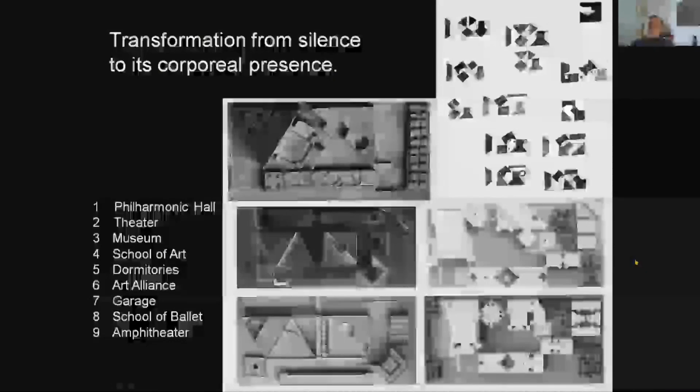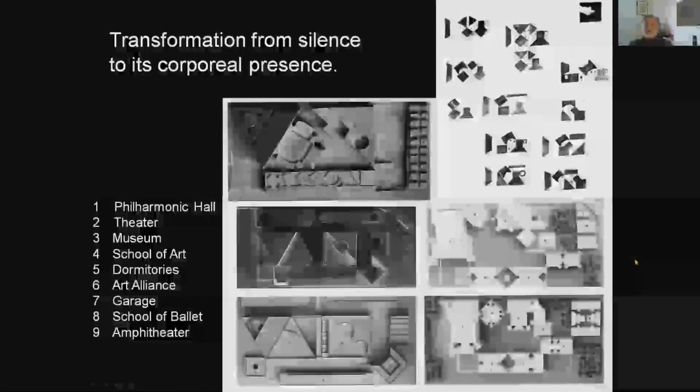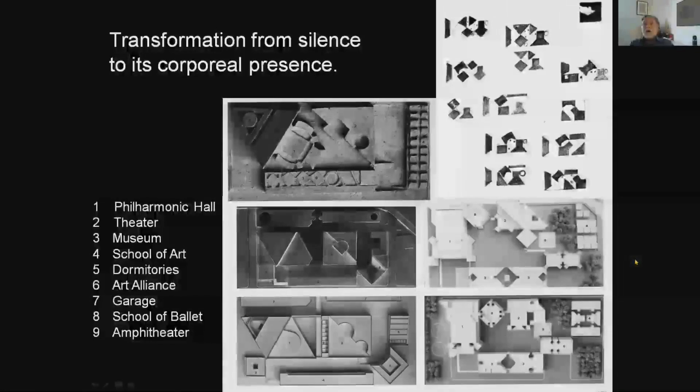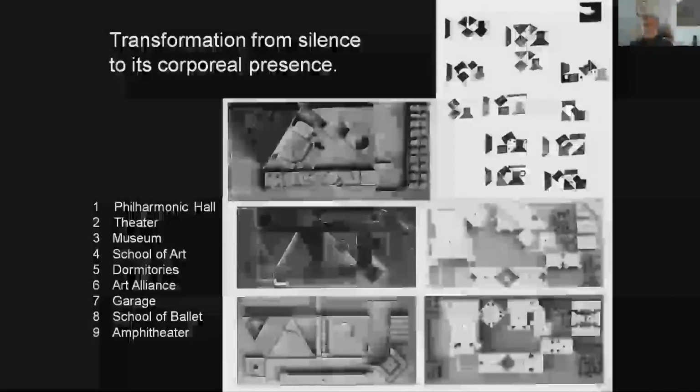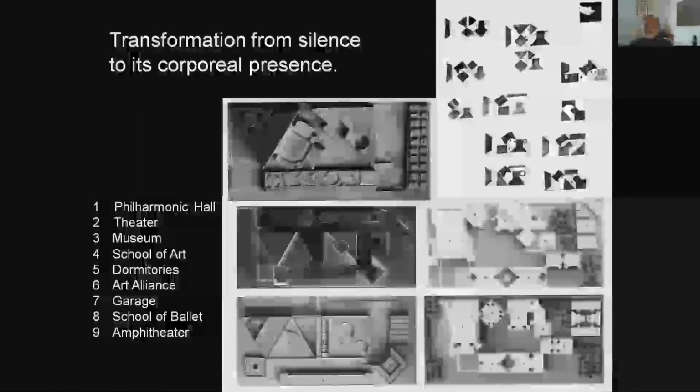This is a project for a performing arts center in America, of which only one building has been built. But these are all the elements of that whole center. Nine different elements: Philharmonic Hall, theater, museum, school, dormitories, art alliances, garages, schools of ballet, and amphitheater.